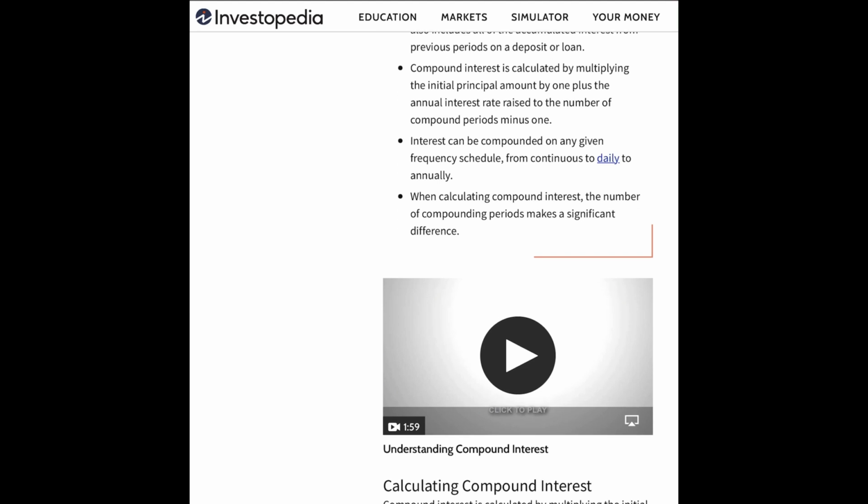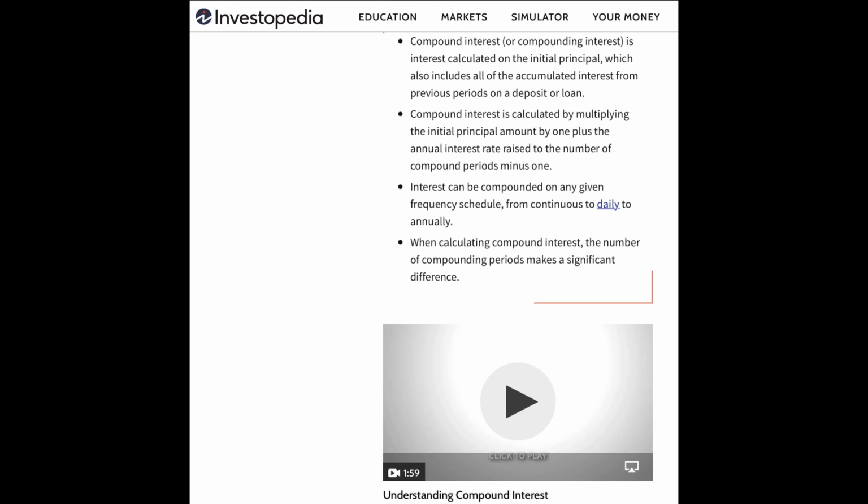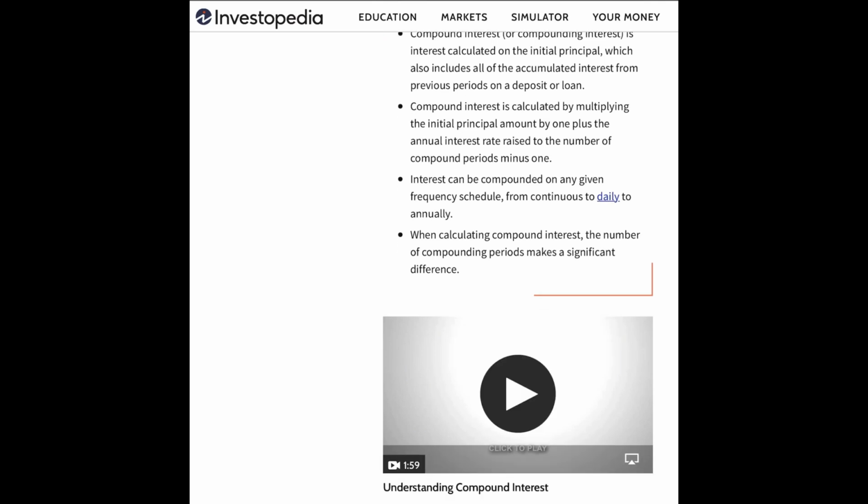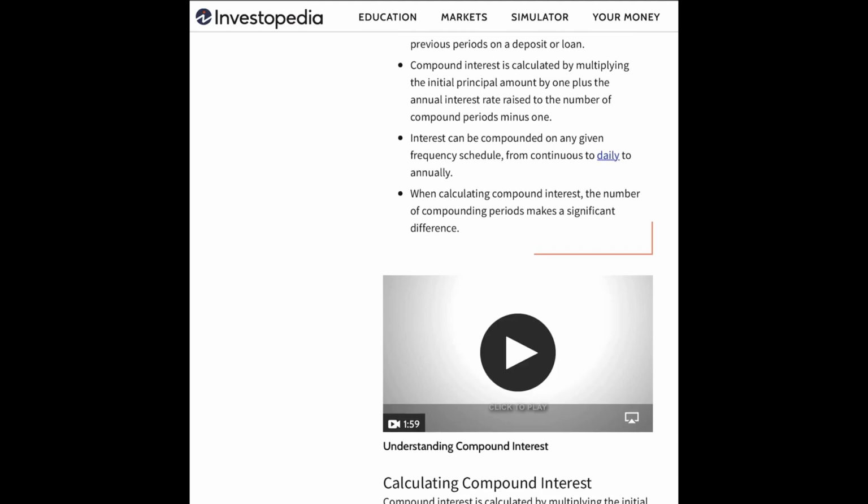How do we calculate compound interest? Compound interest is calculated by multiplying the initial principal amount by one plus the annual interest rate raised to the number of compound periods, minus one.